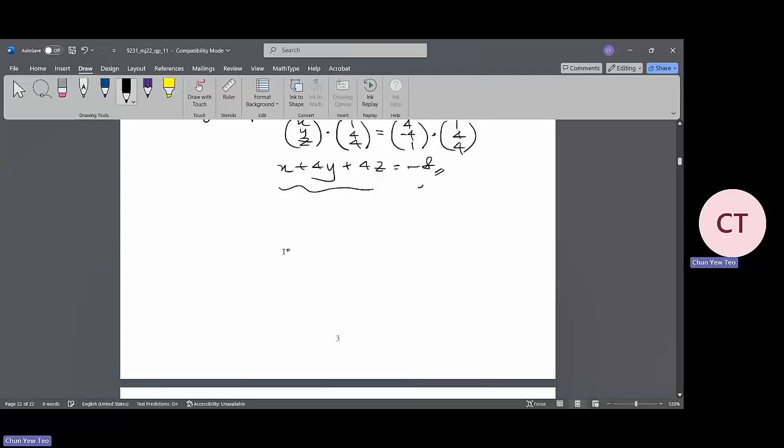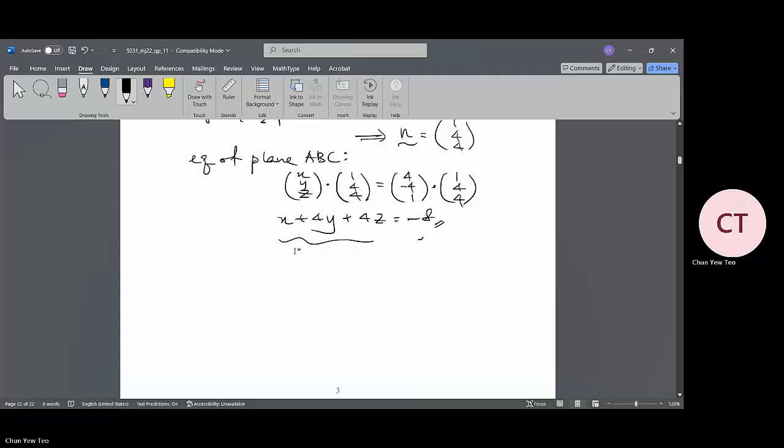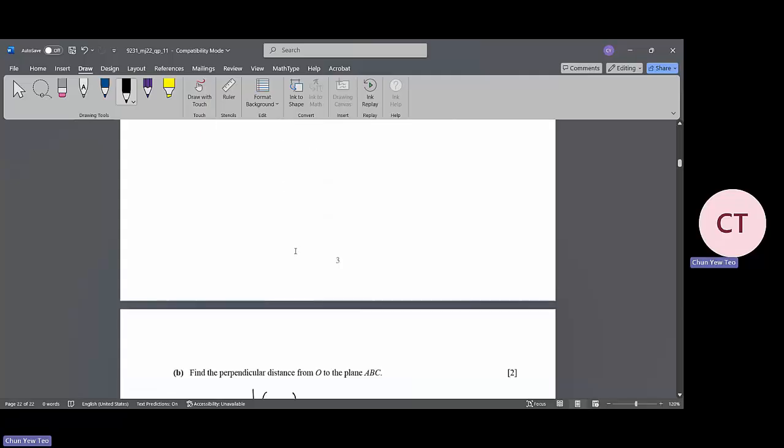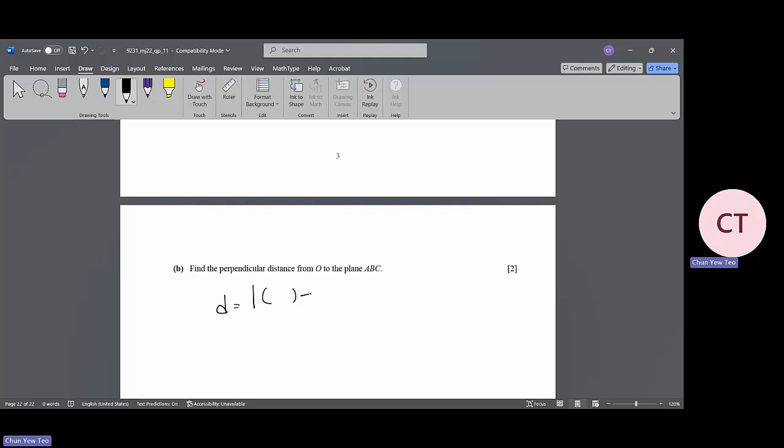Okay, so this one is x plus 4y plus 4z plus 8, magnitude modulus, divided by the square root of 1 square plus 4 square plus 4 square. Since this point is the origin point, 0, 0, 0, we just press the calculator, then you will get this one as 8 over 33.